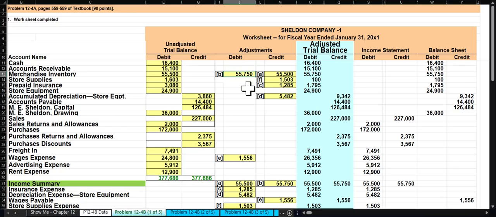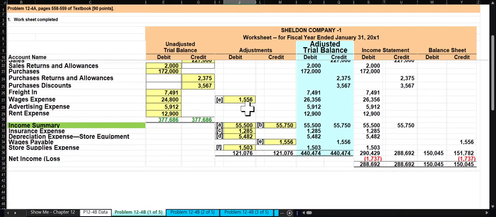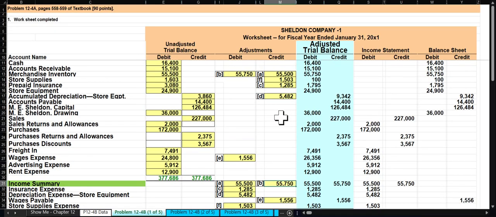And now we debit for the new amount, and you can see that that is now the balance in my inventory account. So what is my credit for this debit? Well, it would go to the same income summary. And so we debited inventory with the ending inventory and we credit income summary.